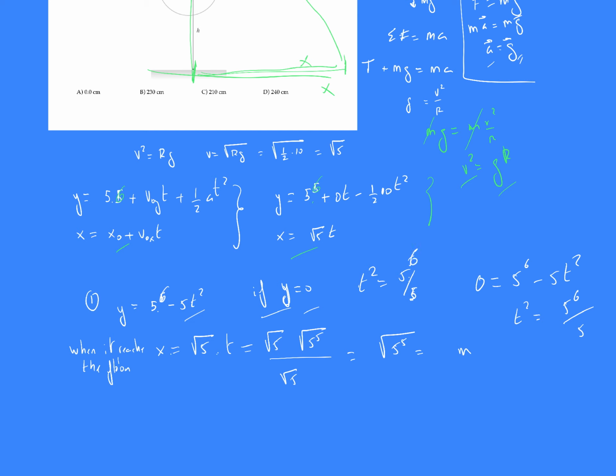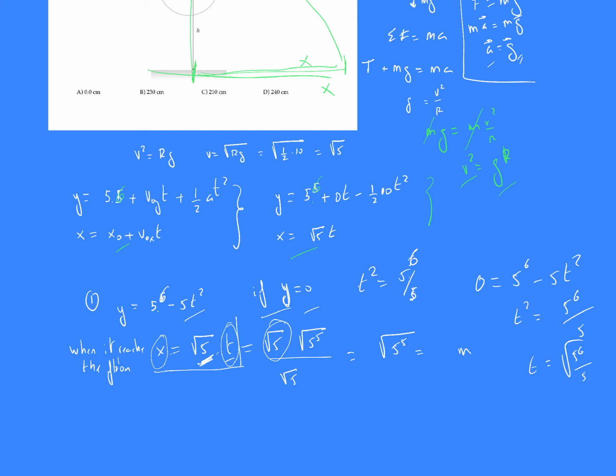Okay. And what is the x? The x is moving with constant velocity, so x is the square root of 5 times t. At this precise time, the value of x will be the velocity times t, but t is the square root of 5.6 divided by 5.